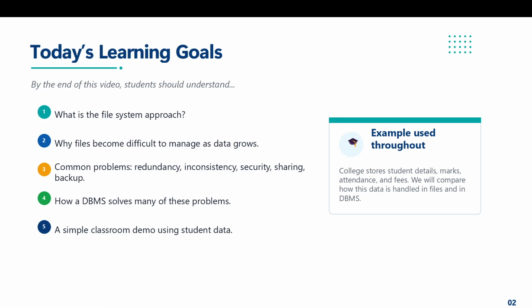And we will also see the common problems in the file system approach, like data redundancy, inconsistency, security issues, sharing problems, maybe the backup problems, and accessing problems. After that, we will see how DBMS solves many of these problems. And finally, we will do a small classroom demo using student data.